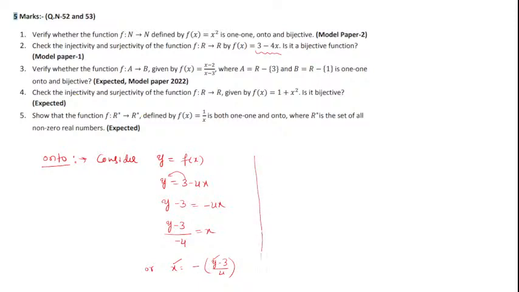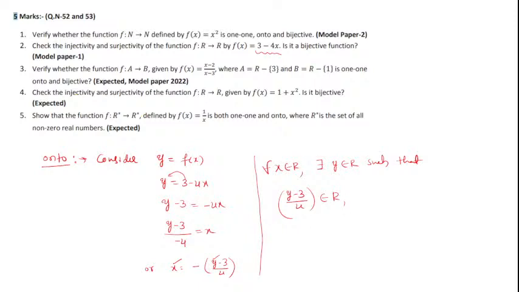Here for all x belongs to R, there exists a number y belongs to R such that y minus 3 divided by 4, which is in the format of a rational number, is also a real number. So if you put any real number, you will again get a real number. So y minus 3 divided by 4 also belongs to the real numbers.